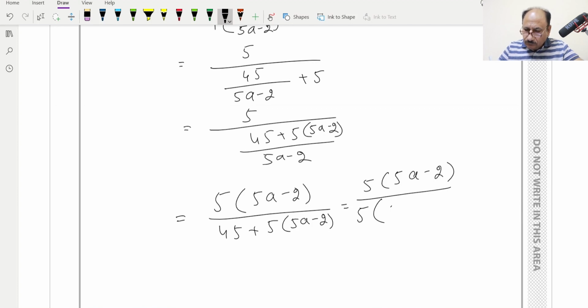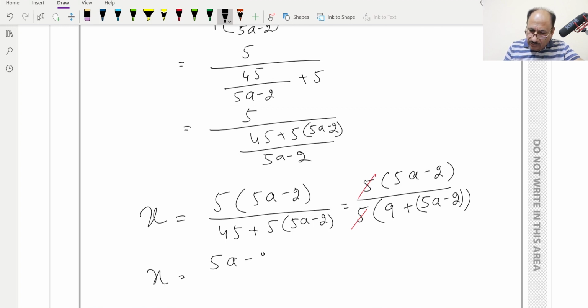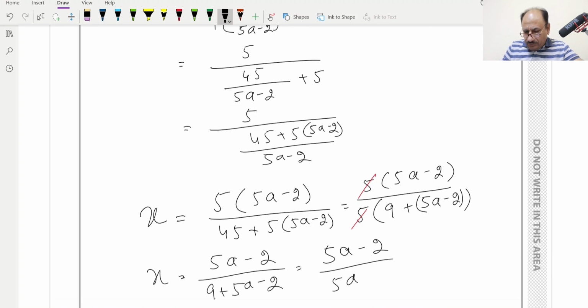Inside we will have 9 plus 5a minus 2, and we can cancel this 5 with this 5. The remaining will be, since this side is x, x is equal to 5a minus 2 over 9 plus 5a minus 2, which is equal to 5a minus 2 over 5a plus 7.